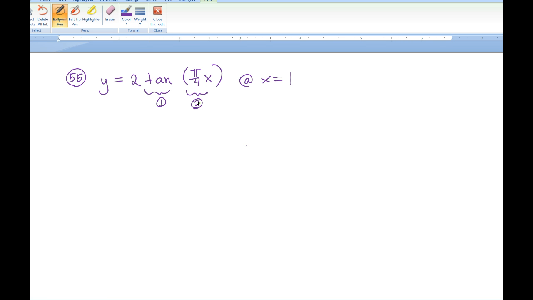Remember, when we do the derivative, if there's a coefficient, it stays there and just gets multiplied. The derivative of tangent is secant squared. Keep the inside the same, times the derivative of the inside. That's the reason I rewrote it as pi over 4 times x, because pi over 4 is the coefficient. So it's just times pi over 4.